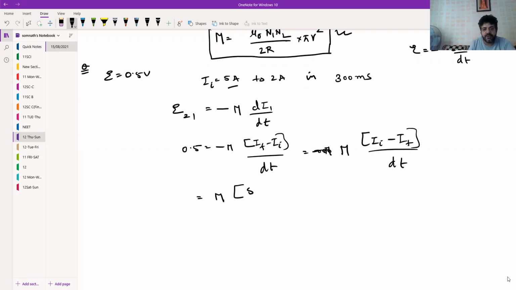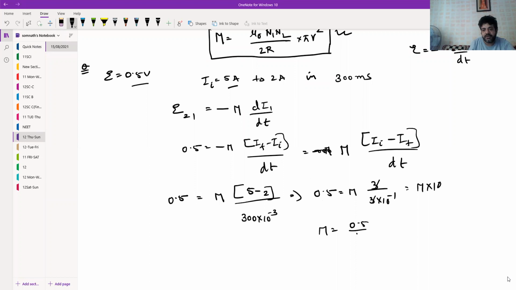Initial is 5 ampere, final is 2 ampere, time is 300 millisecond, and this one is 0.5. So 0.5 equals M times 3 by 3 into 10 to the power minus 1, which is M into 10. So M is 0.5 by 10, that is 1 by 20, that is 0.05. Okay.